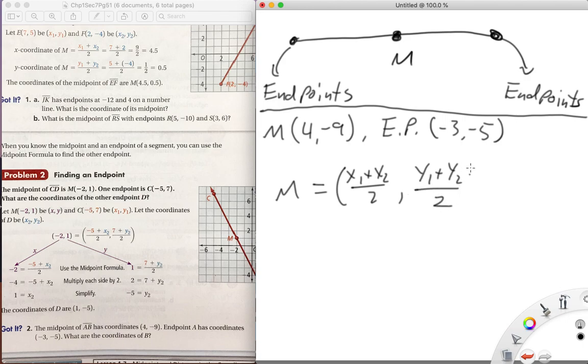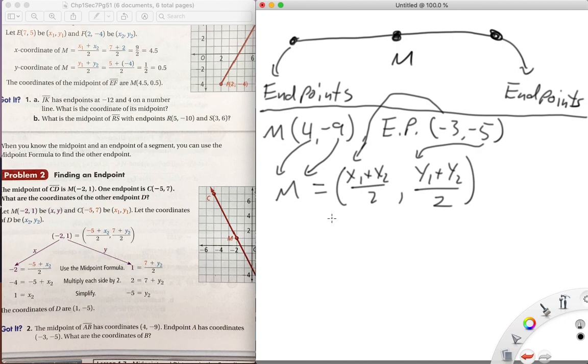But remember, we're not given both endpoints to get to the midpoint. We're just given the midpoint. So the midpoint of x is going to go over here. The midpoint of y is going to go over here. Only one of the x's is going to go over here. Only one of the y's is going to go over here.